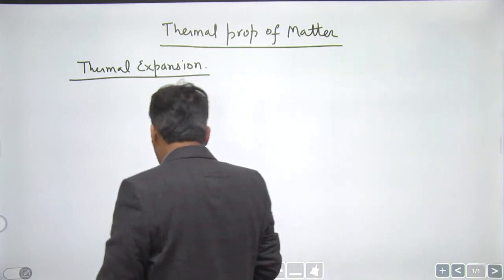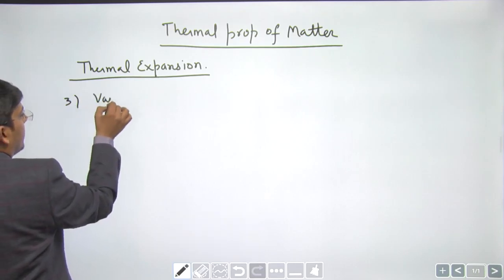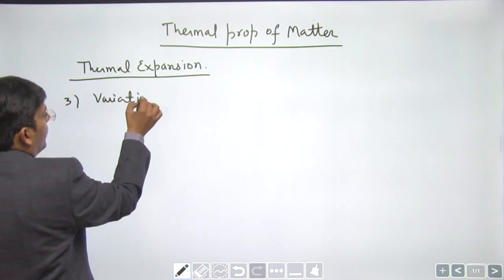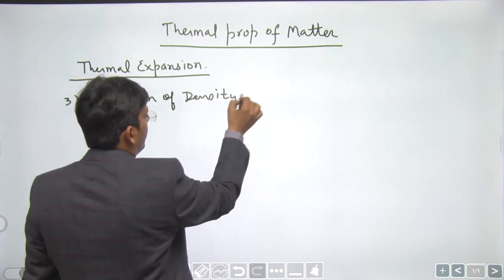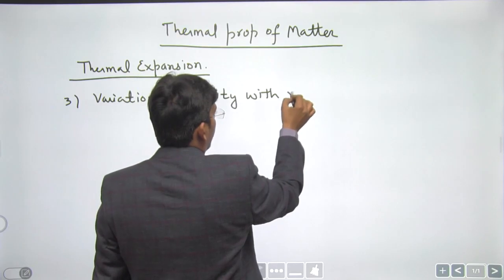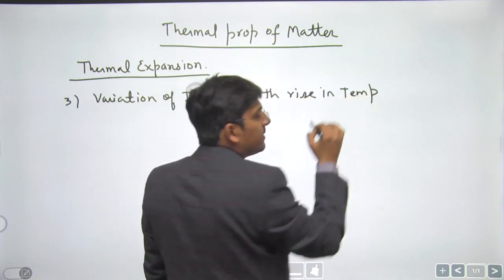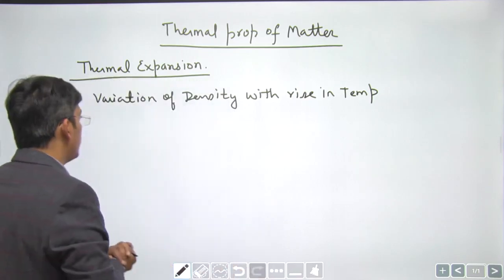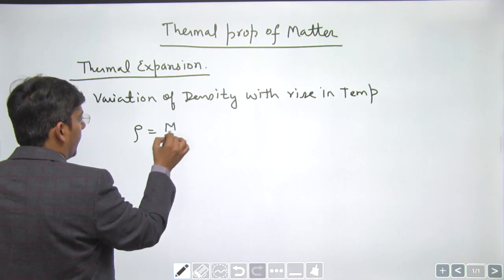Now we are going to do the third variant, which is variation of density with rise in temperature. Okay. This is variation of density with rise in temperature, dear students. So you know that density is actually mass over volume.